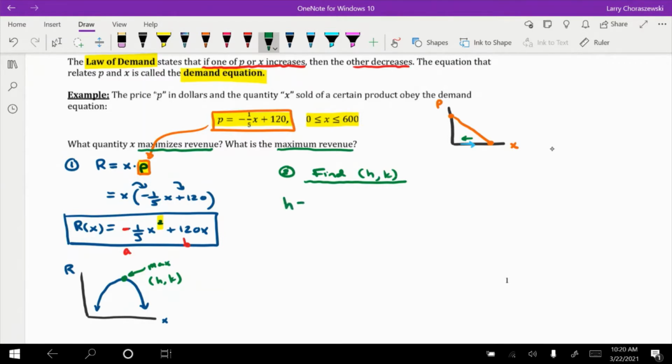All right, so h is given by negative 120 divided by 2 times negative 1/5. Really critical to use an extra set of parentheses in the denominator here. All right, who here got 300?